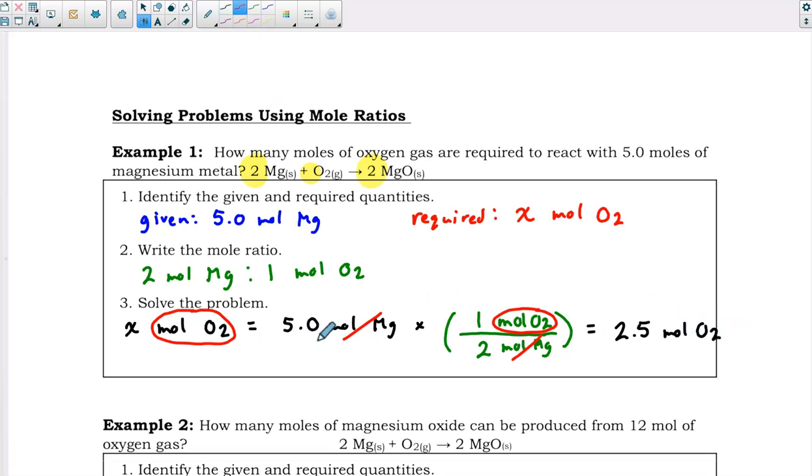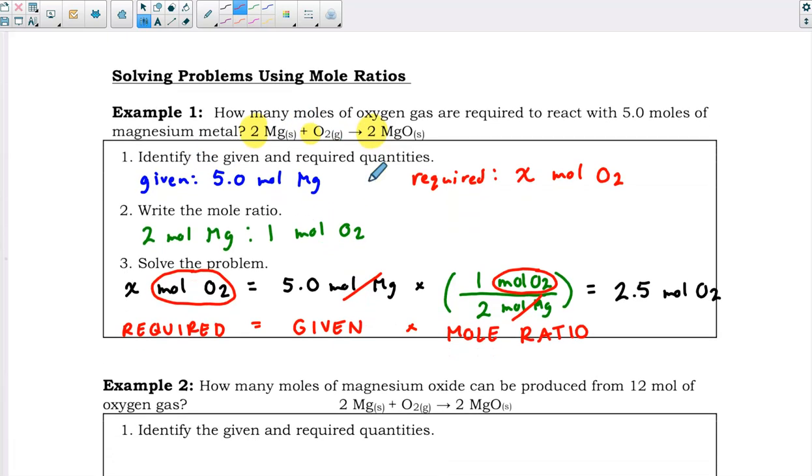The format is that at the start is what is required, what you're looking for. Then you write what is given to you, and multiply this by the mole ratio, which we get from our balanced chemical equation.